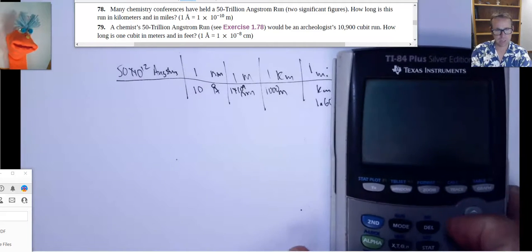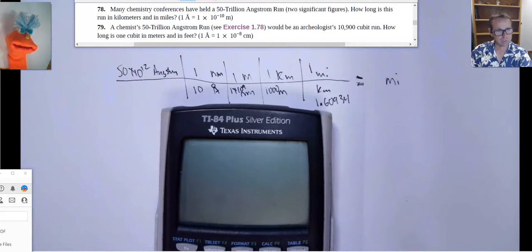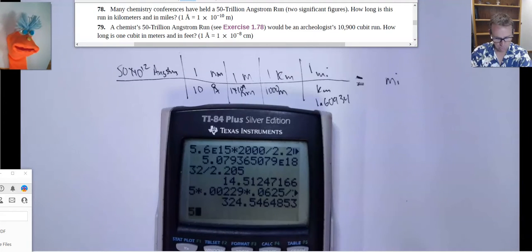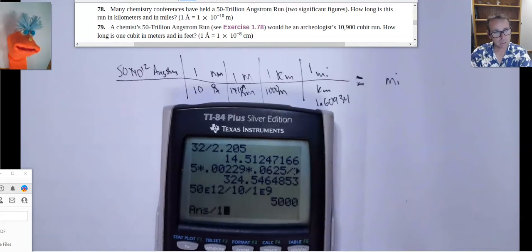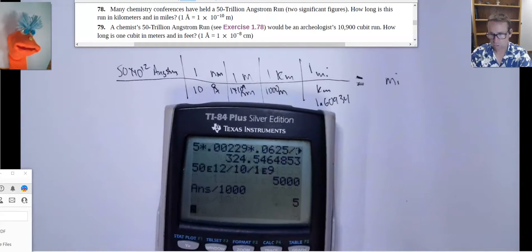All right, so calculator time. Oh no, 50 trillion angstroms. So 50 times 10 to the 12th angstroms divided by 10, divided by 1 times 10 to the 9th, divided by 1,000, divided by 1.60934.